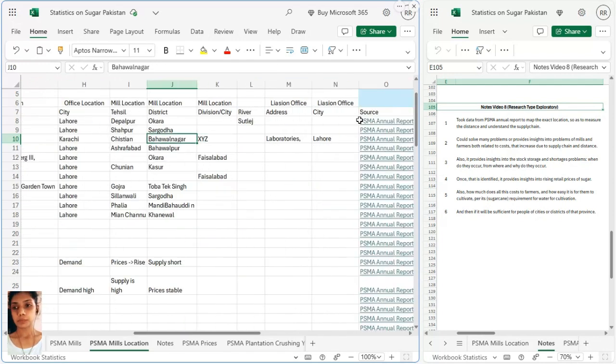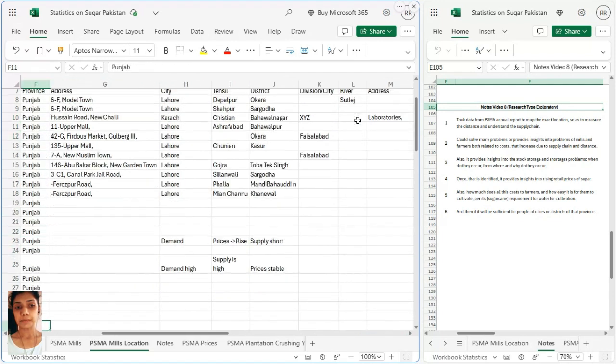So to understand the price mechanism, I wanted to create this mapping.